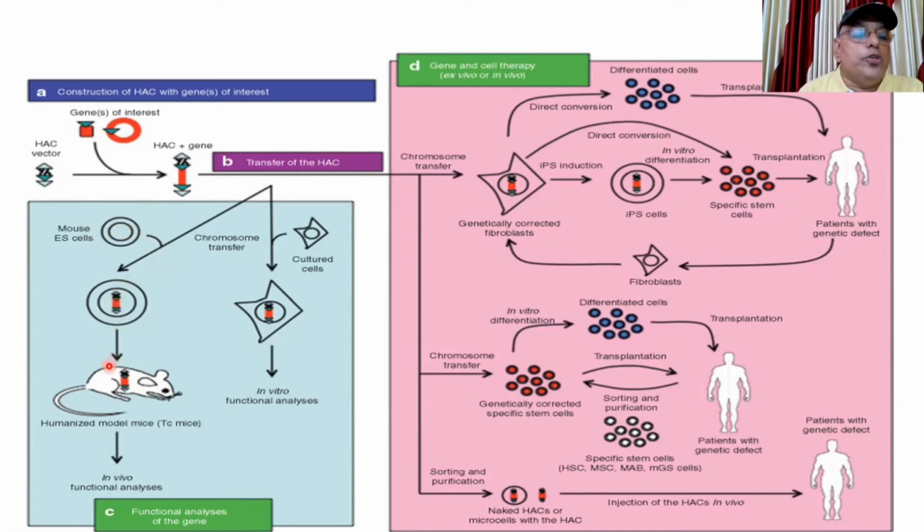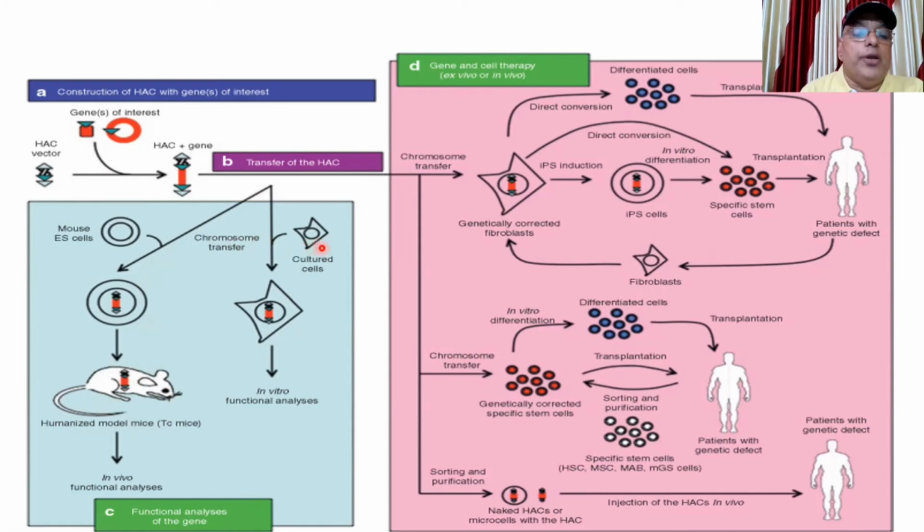After embryogenesis, this mouse develops into an adult, and it has the human artificial chromosomes inside its body, and we can study the expression in vivo, the functional analysis inside the cellular system in the body.